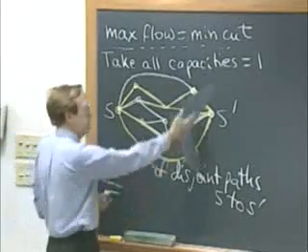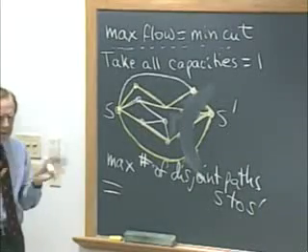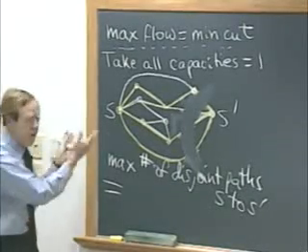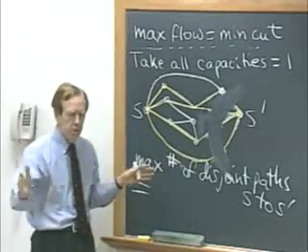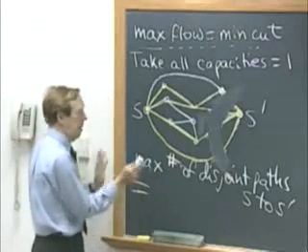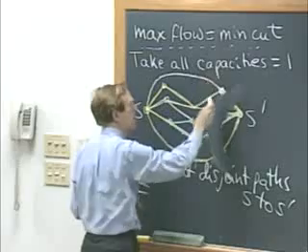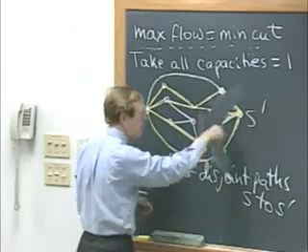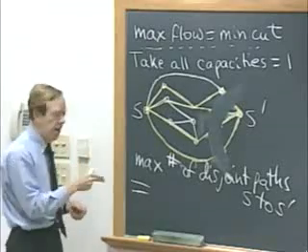And what has that cut done? That cut has separated the source from the sink. It's literally cut the two apart. So the capacity across the cut is the number of times we clipped an edge.